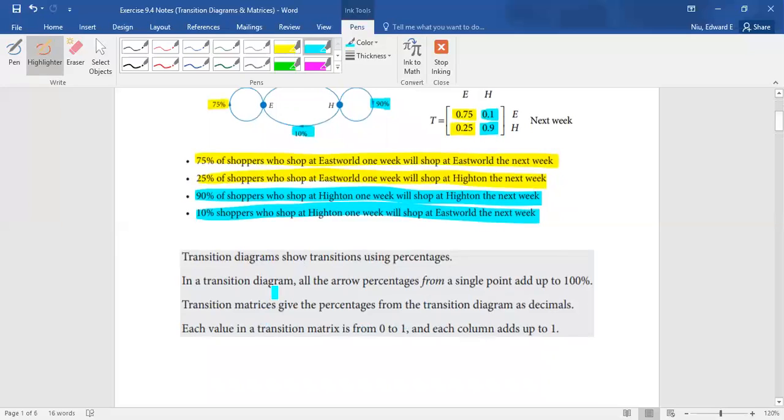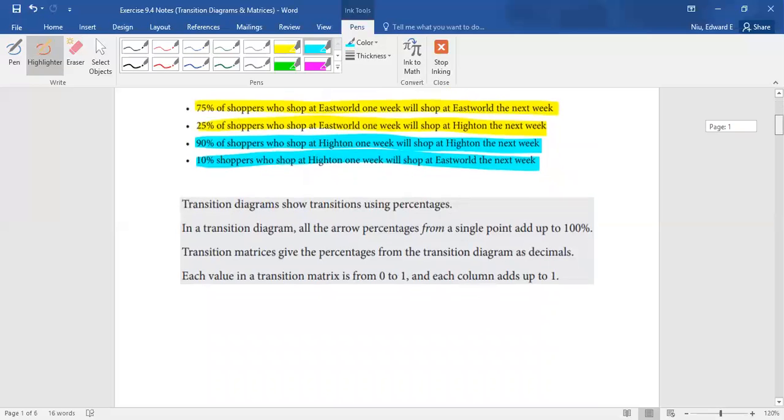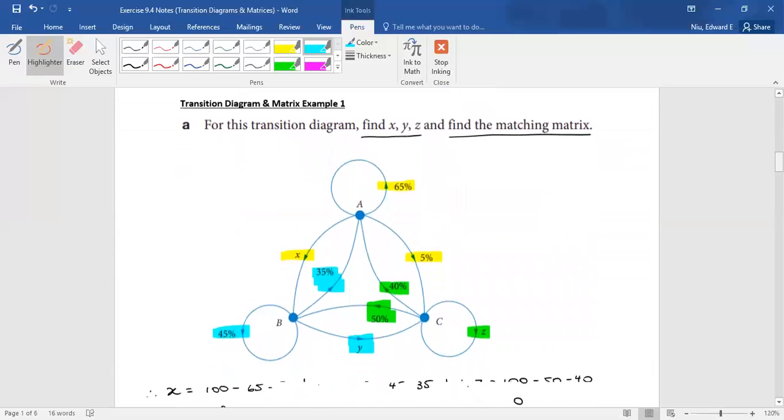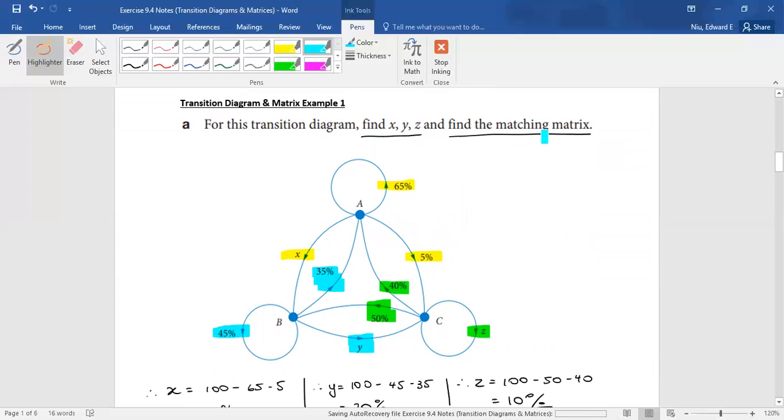There's some stuff here for you to read, which is everything we've just gone through. And the moral of the story of the first example is, if we're trying to find X, Y, and Z and finding the matching matrix, what we need to do first is highlight and color coordinate the loops coming out of each point. For example, point A here, we've color coordinated in yellow.